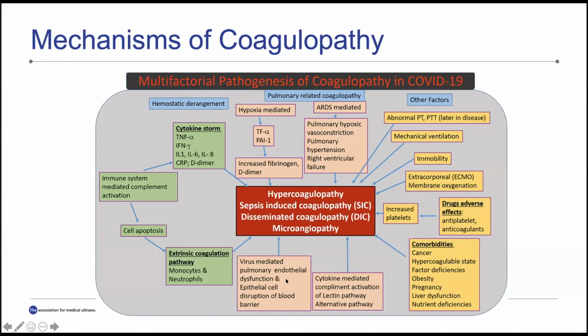It could be related to virus-mediated infections and abnormalities of the cells themselves. And of course, if you look here on the right side, all the other factors that have been implicated. Patients who are on mechanical ventilation, immobility, the different drugs that were tried, not only drugs that were unproven, but also drugs such as antiplatelets and anticoagulants, which may also impact on the ability to bleed normally.